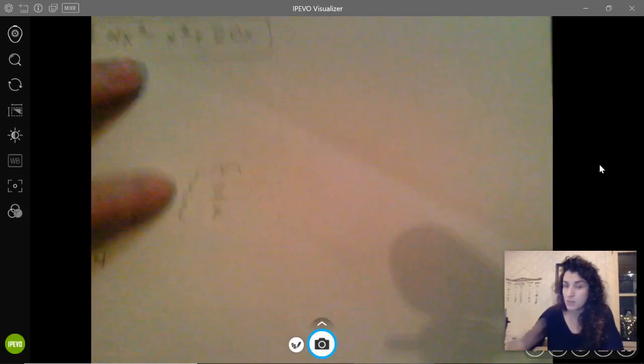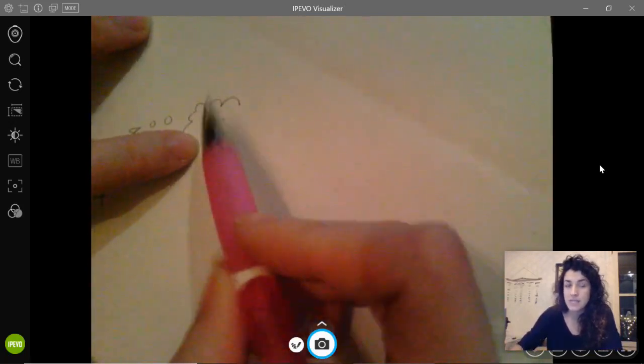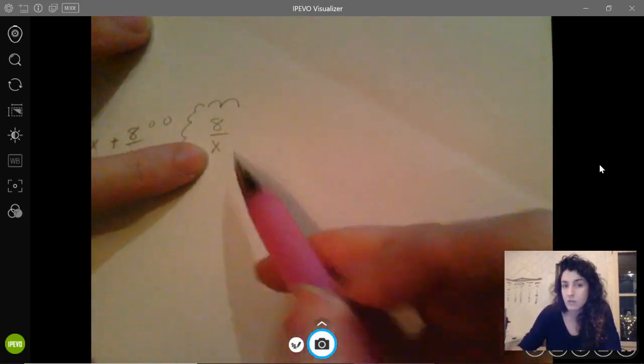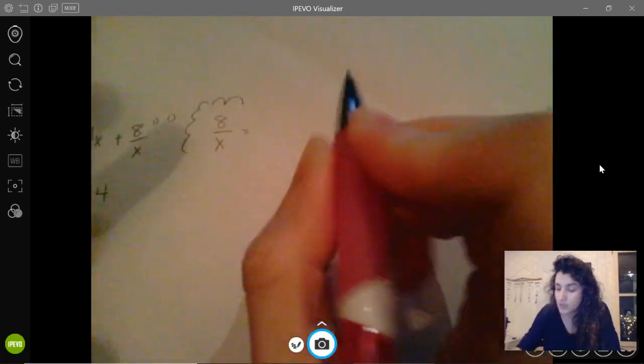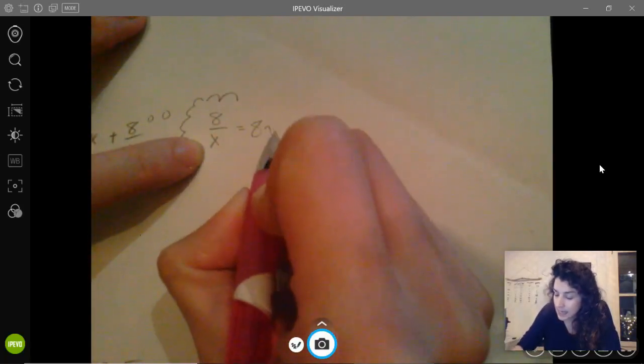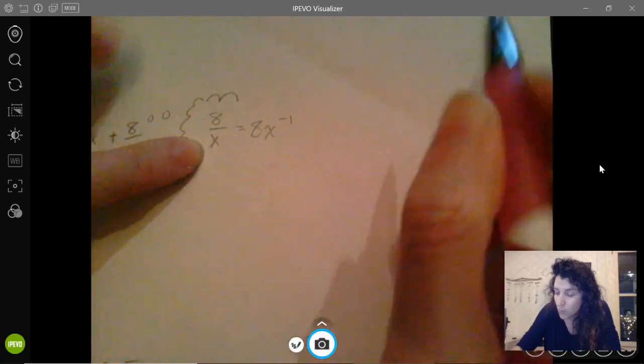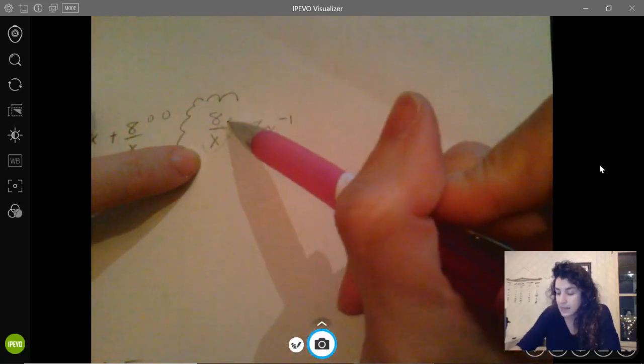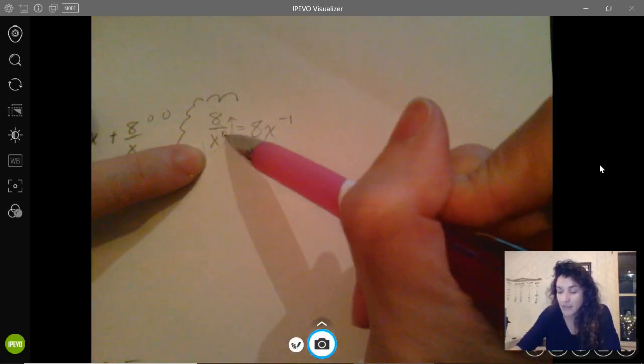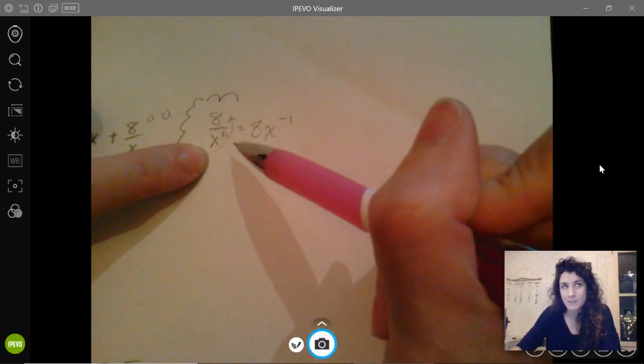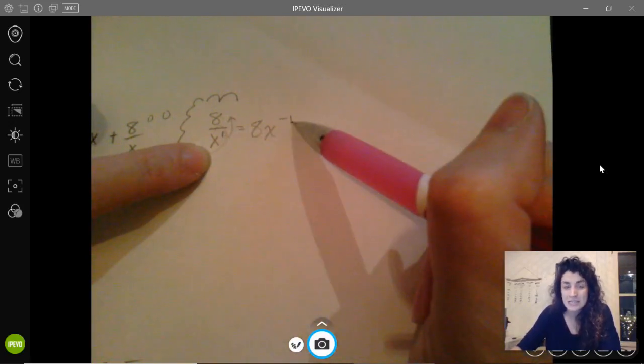So I want you to tell me what the derivative of just this piece right here, what is the derivative of 8 over x? If I tell you to think of it as 8x to the negative 1, right? Taking this x and putting it up top takes the positive 1 aspect of the exponent and turns it into negative 1.